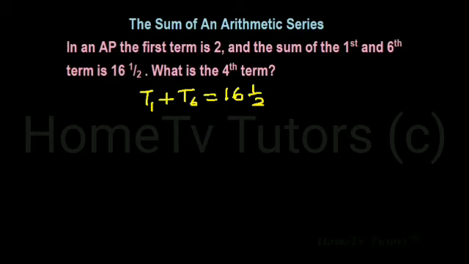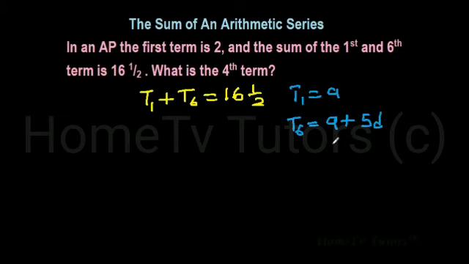Then you should remember that T1, that is the first term, is A, and that T6, that is the sixth term, is equal to A plus n minus 1 d, 6 minus 1, which will give us 5d.